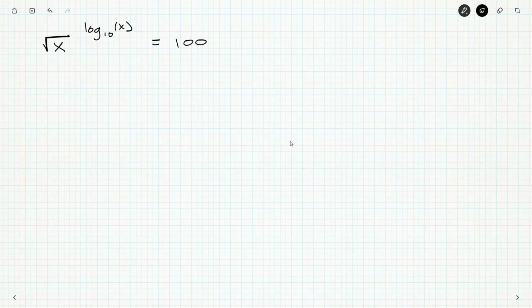Well, I'd like to get everything on this side base 10 if I can, because then this is 10 to the 2, and then the exponent would just be equal to 2. So the problem is this x appears at both sides, and it's a square root x as well. I suppose we could rewrite square root as x to the 1/2.